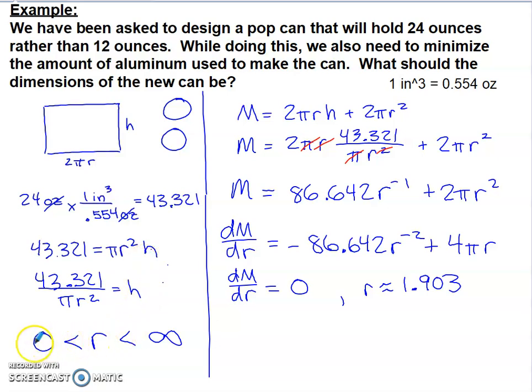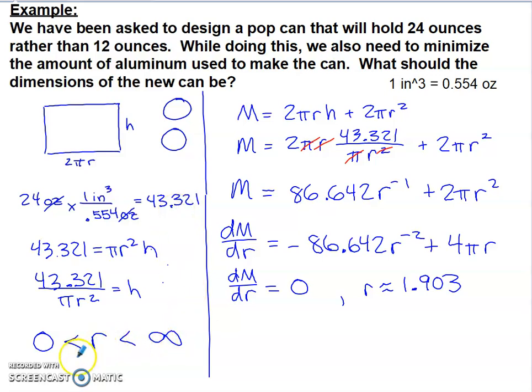If you look at this range of values that r has to fall within, it does not include the endpoints. R has to be positive. I could design a can with a very, very tiny radius and a huge height that holds 43.321 cubic inches of liquid. Alternatively, I could design a can with a huge radius and a tiny, minuscule height that still holds 43.321 cubic inches of liquid.